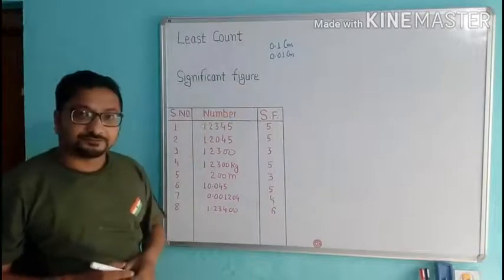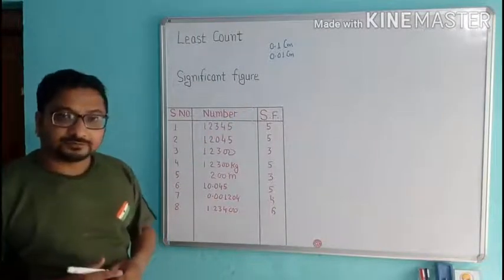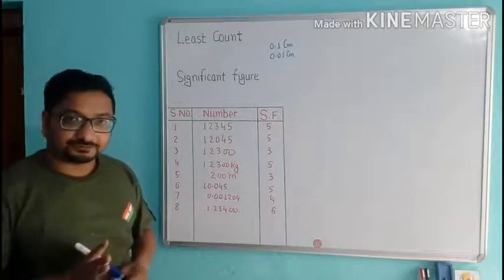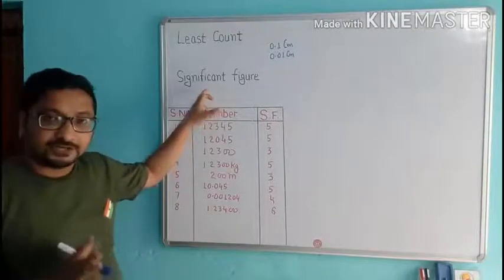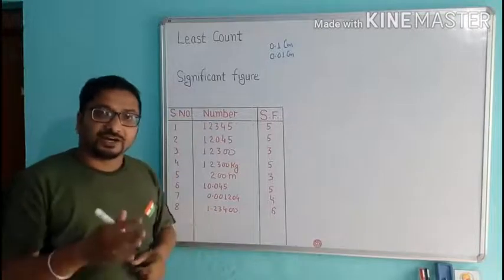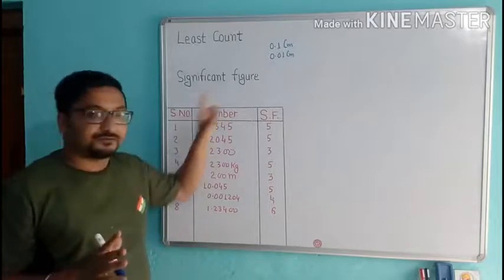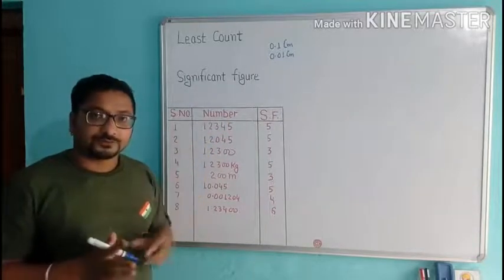significant figures. The digits that are known reliably plus the first uncertain digit are called significant figures. Okay.